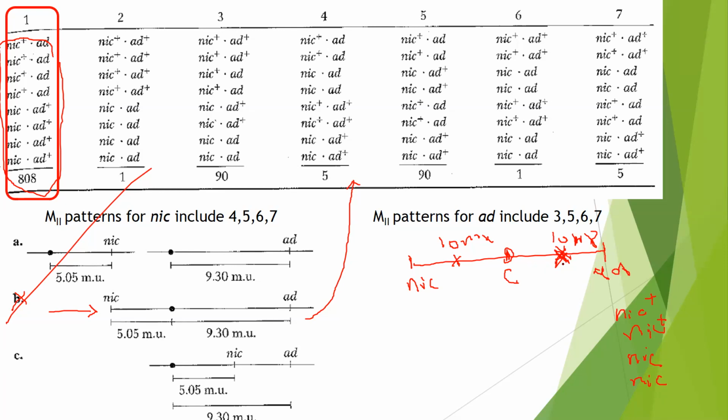So if there's only one crossover occurring between AD and the centromere, there's no change in this region, so you're going to see the same pattern as the parental type. I use 4, meaning leak plus, leak and leak. This is the resultant pattern for leak, because there's no change here.